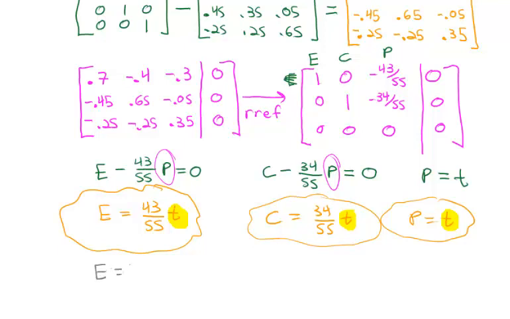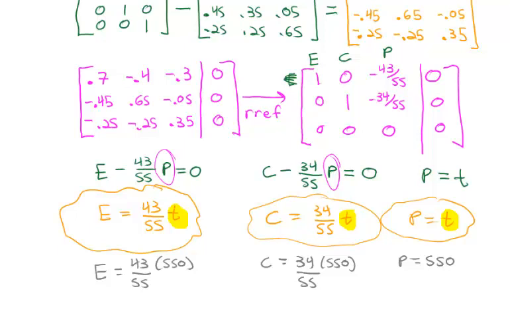So the electrician gets paid 43 over 55 times 550. The carpenter gets paid 34 over 55 times 550. And the plumber gets paid 550.